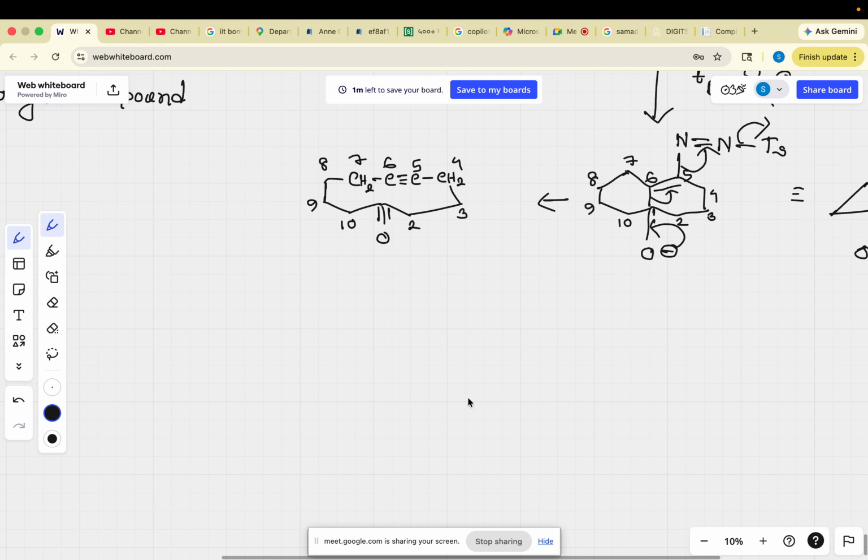And suppose here I am giving this reagent now: hydrogen, palladium, calcium carbonate in presence of quinoline.